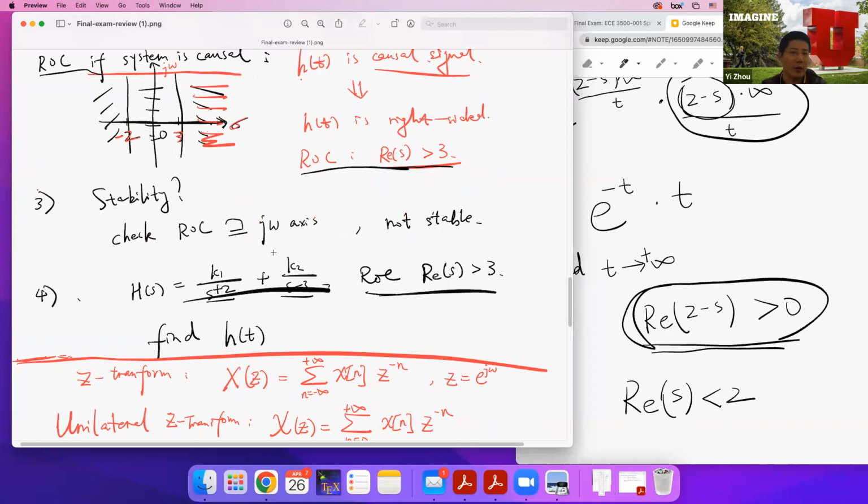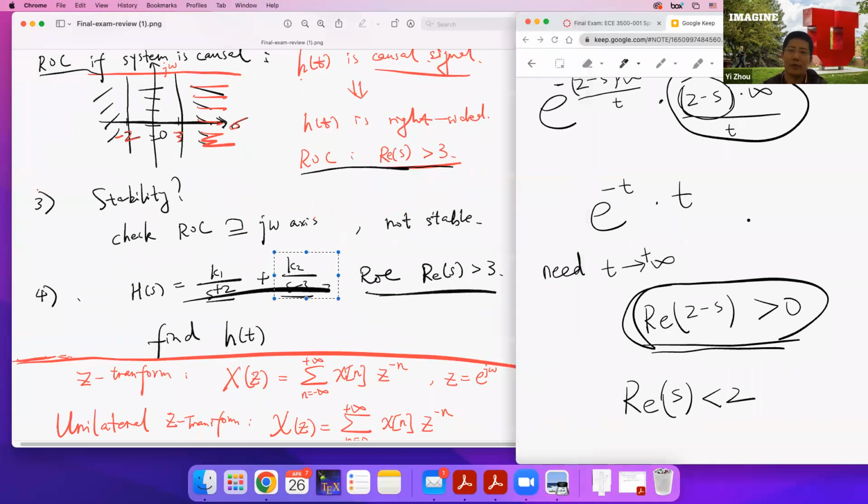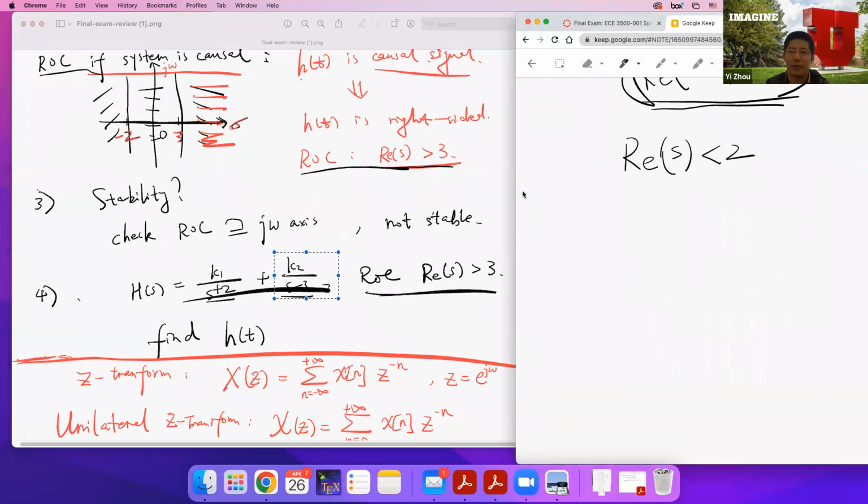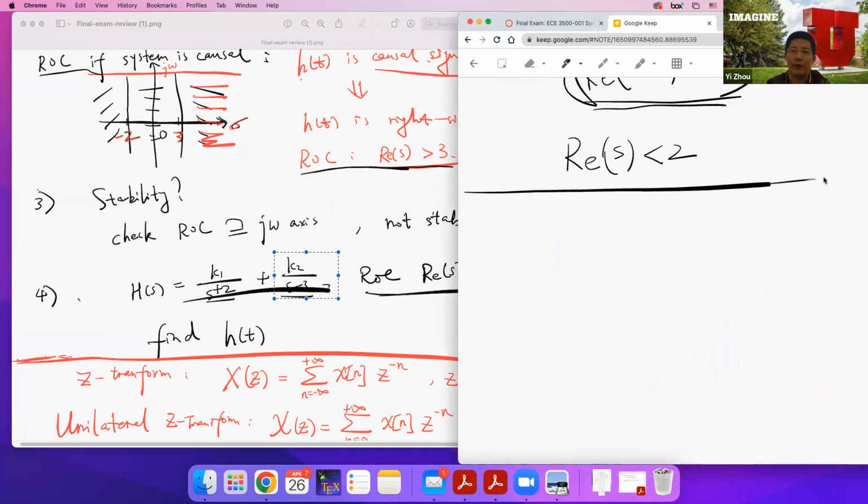So apparently we can refer to the existing tables. For this one, what we are given is that we are given this. Now suppose K1 and K2 are some constants.